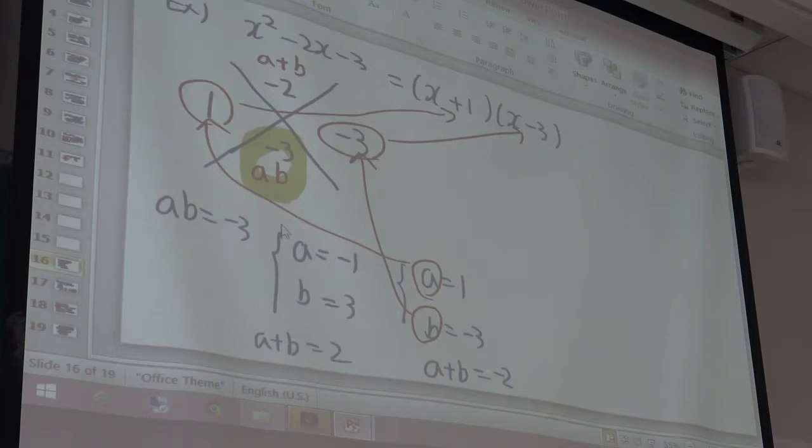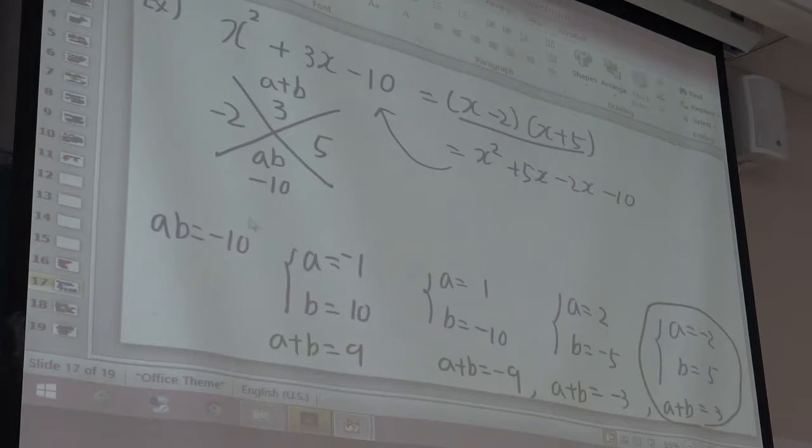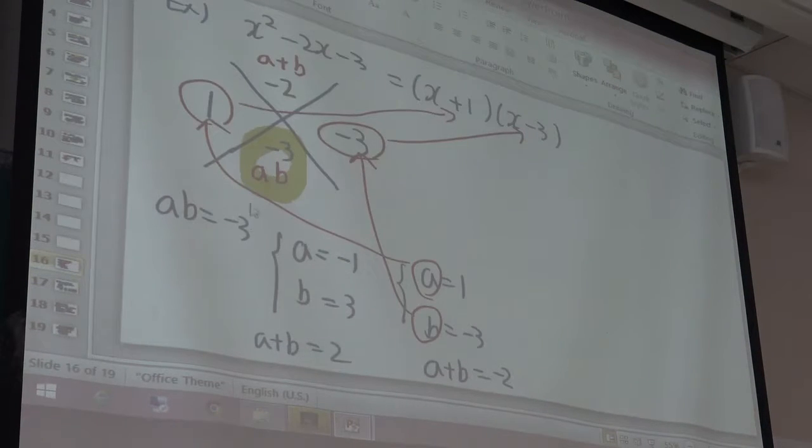We start from the product because we only have a limited number of possible combinations. So a times b equals negative 3, and we only have two choices: a equals negative 1 and b equals 3, or a is 1 and b is negative 3.